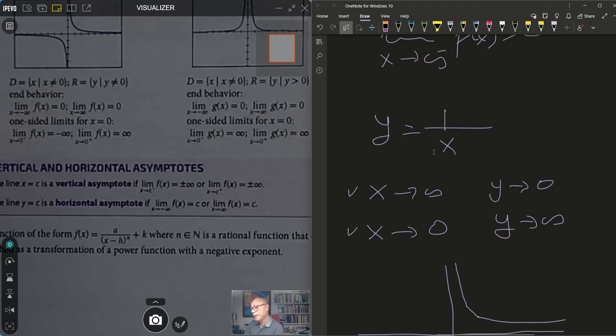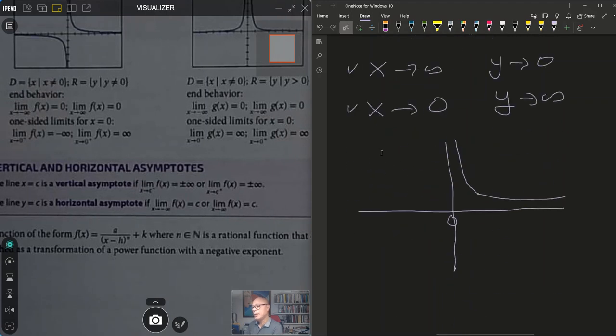But when x is negative, y is negative. So when the function comes from the negative side to 0, the value of f(x) is going to negative infinite.